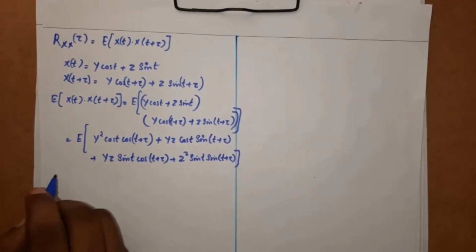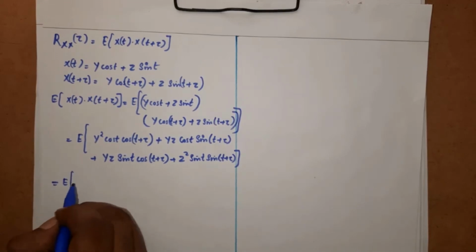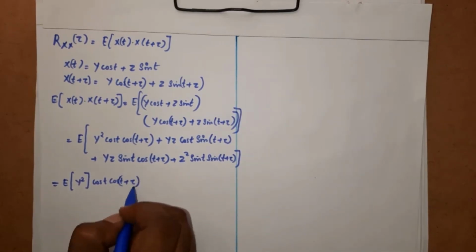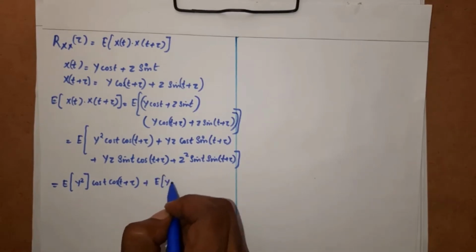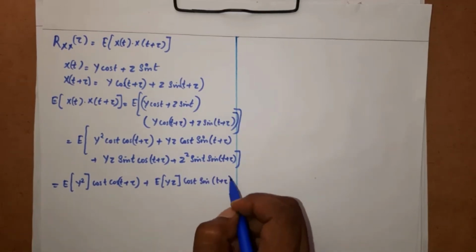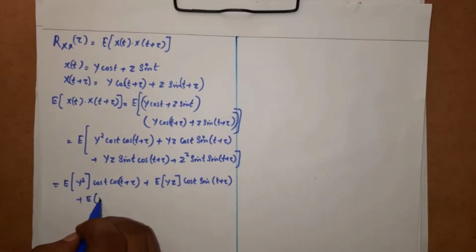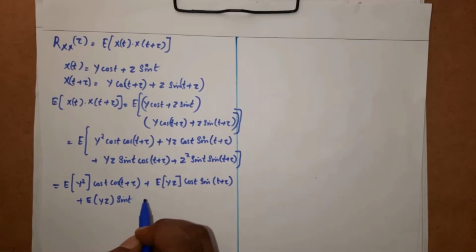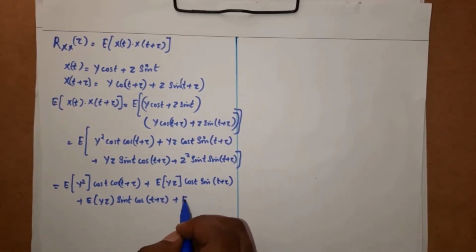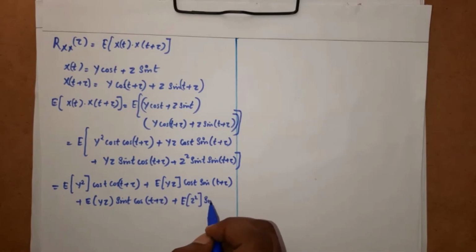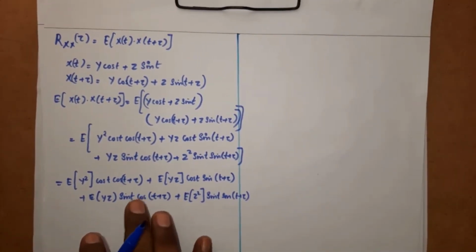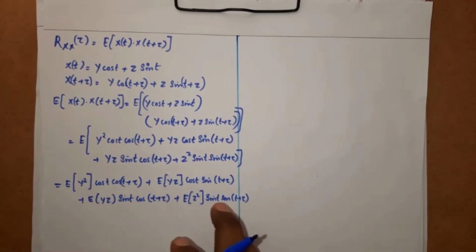Now expectation of y square cos t cos(t plus tau) plus expectation of yz cos t sin(t plus tau) plus expectation of yz sin t cos(t plus tau) plus expectation of z square sin t sin(t plus tau). You have already found the value of E of y square, E of yz, and E of z square.